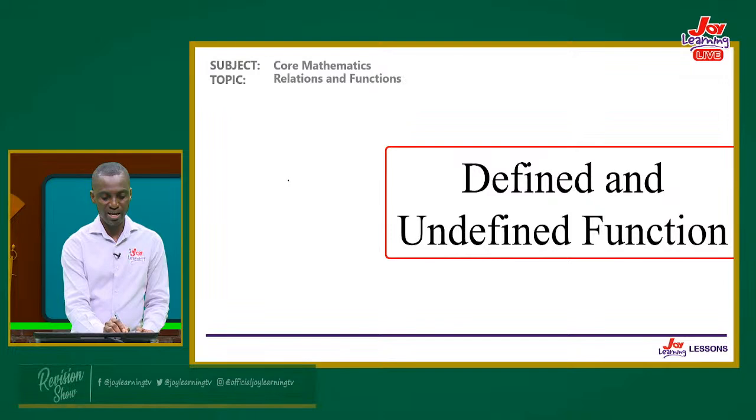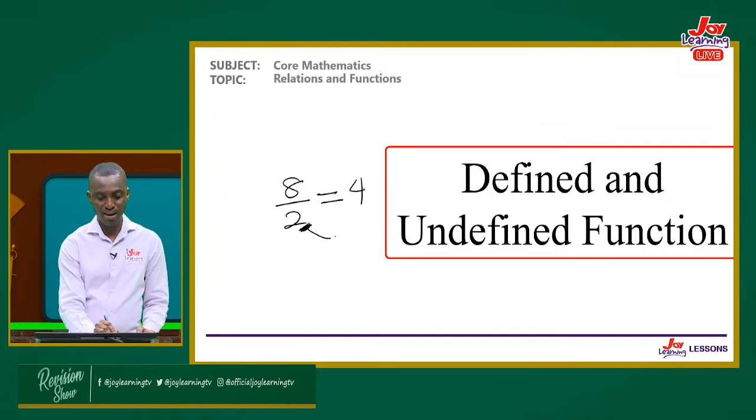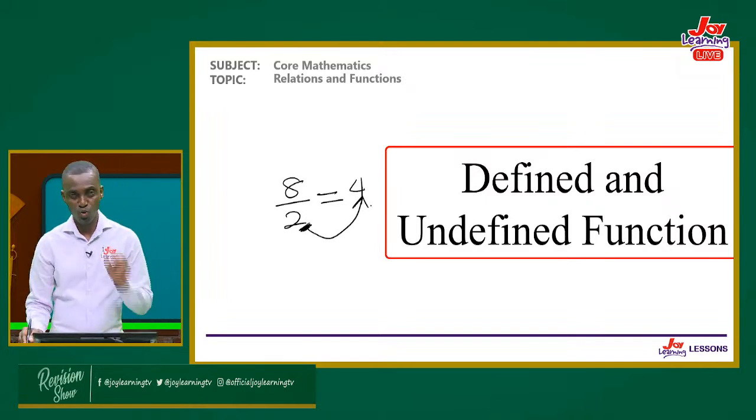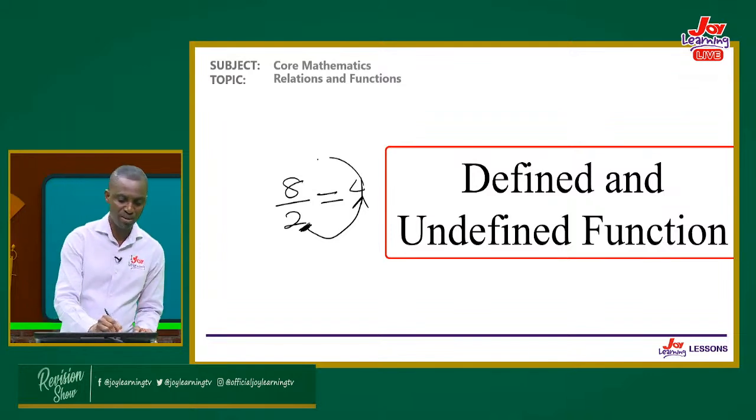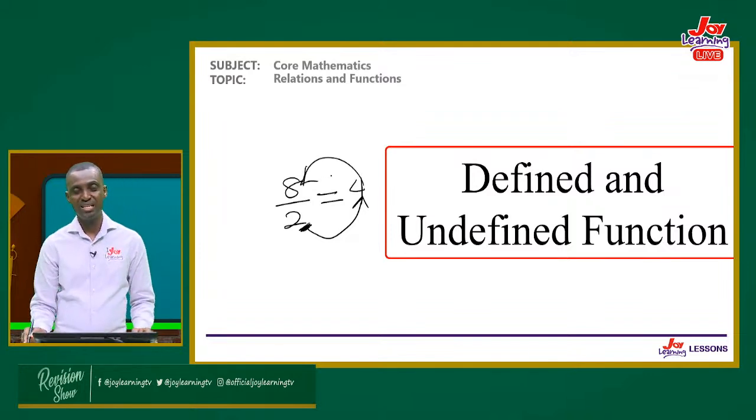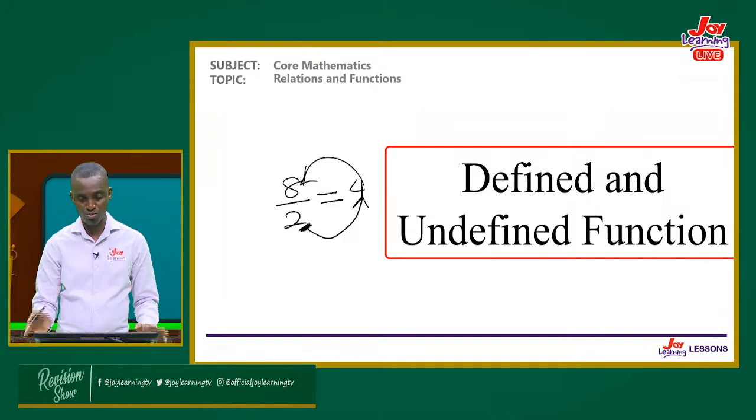Again, 8 divided by 2 gives 4. That means if I multiply this divisor by the quotient, it should give me back my dividend. And this is proven, it's true.